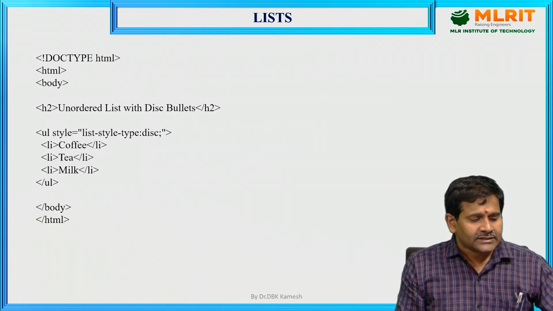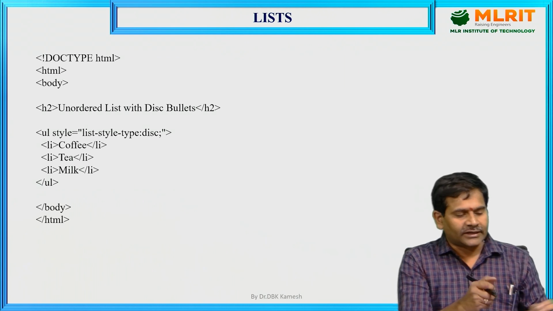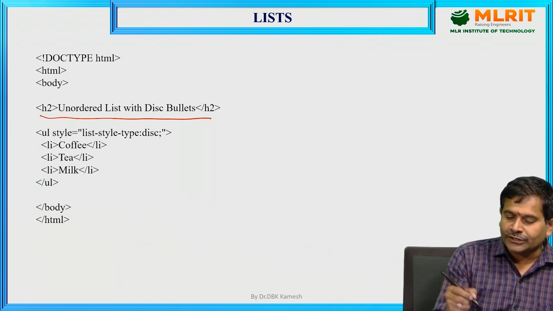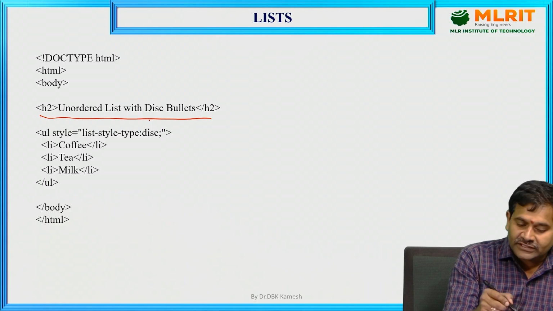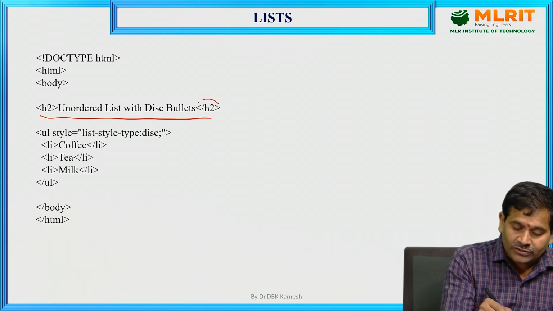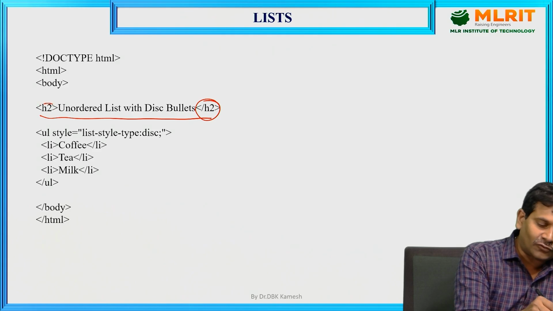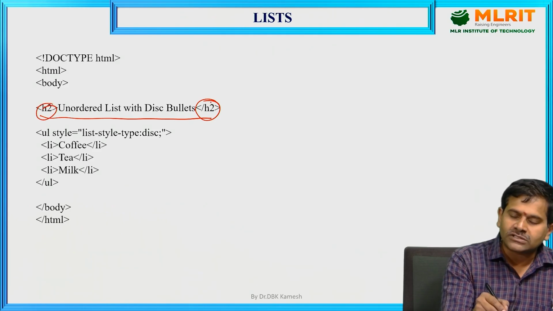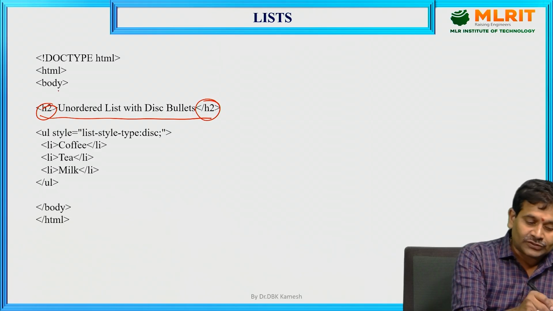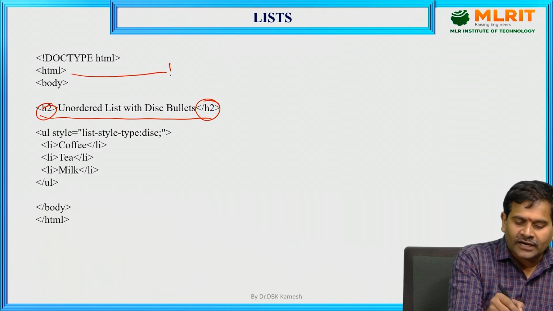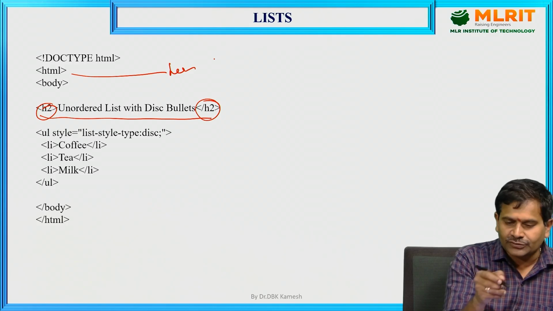Next, for example, we have given H2, which means heading 2: unordered list with the disk bullet, then the closing bracket of H2. Once you open any angle bracket, the closing bracket is also required. Inside the body, in the top you can write the header part if you require.